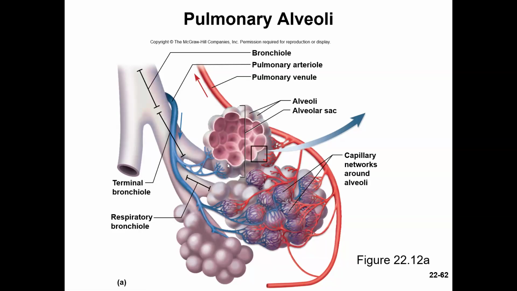What we want to do here is get air in and inflate it from the inside out. As you inflate it, you thin out the walls enough so that the cells forming the alveoli are spread thin. It allows oxygen to diffuse in and out really easily.